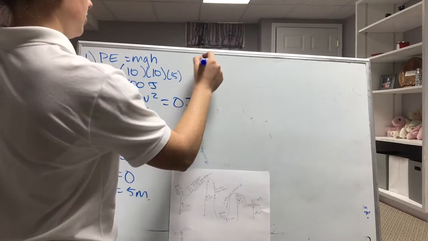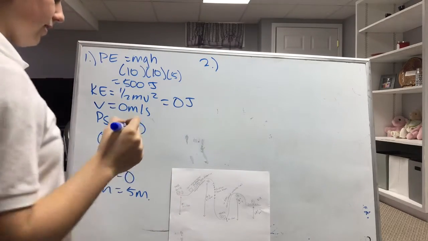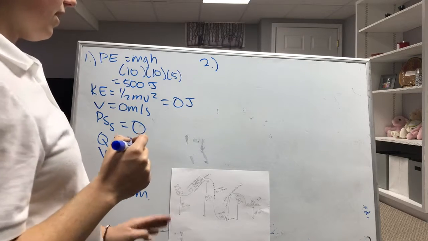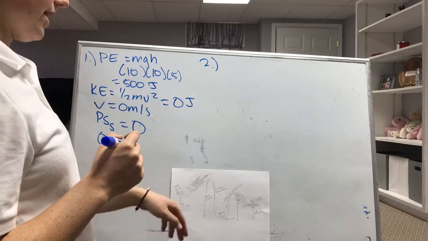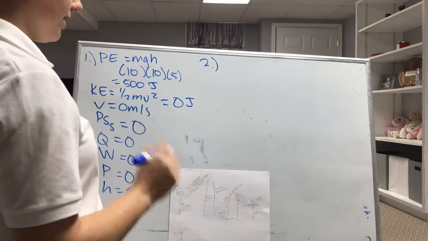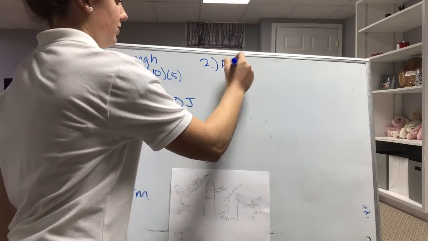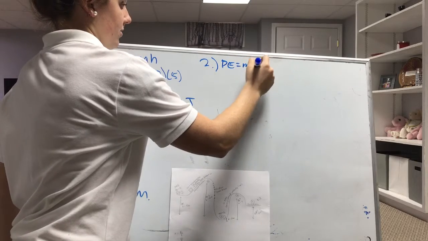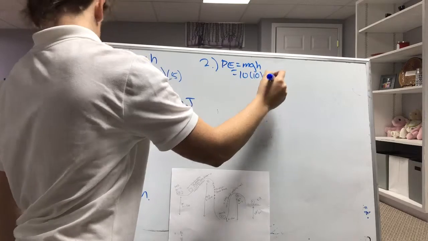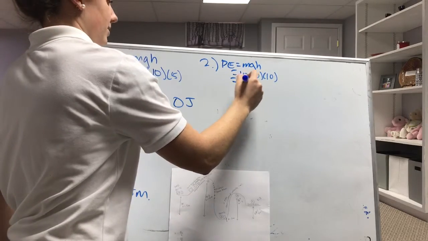Next, let's look at position 2. Here the cart will accelerate to 20 meters per second in 5 seconds up a hill, neglecting friction, to get to point 2, where the height is now 10 meters. So potential energy equals mass times the acceleration due to gravity times height, 10 times 10 times 10, it's equal to 1,000.